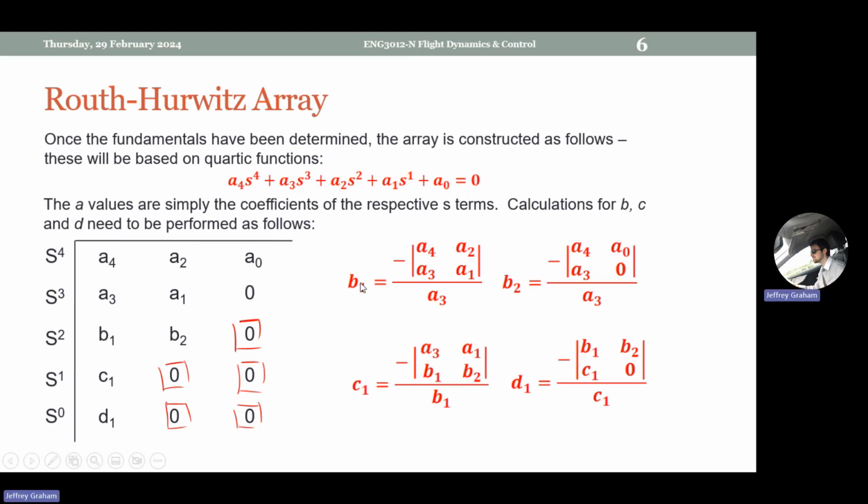But in this particular one, B1, B2, we work out using the rows above. You can see B1 takes that block, A4, A2, A3, A1, and you always divide through by the bottom left of that determinant.